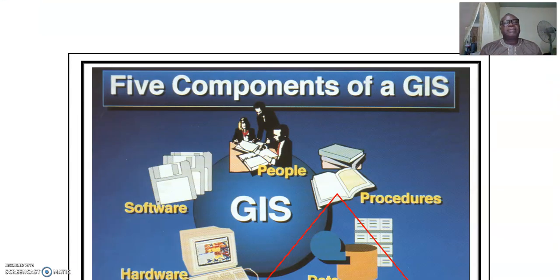As we said in lecture 1, there are 5 components of a GIS, which include the software. We introduced the software as proprietary or commercially available software, where we have the Esri GIS software like ArcGIS, and MapInfo and all sorts of other commercially available GIS software.